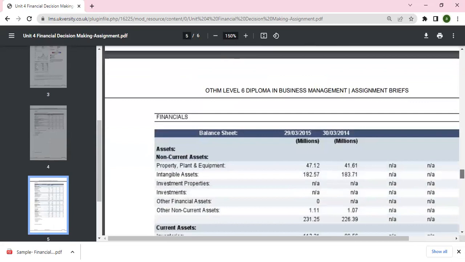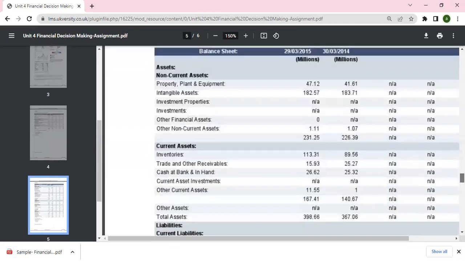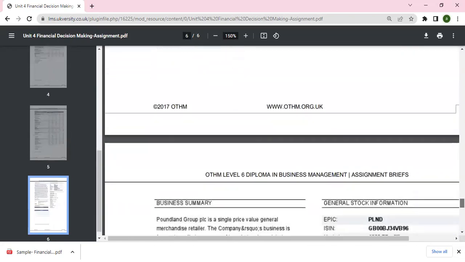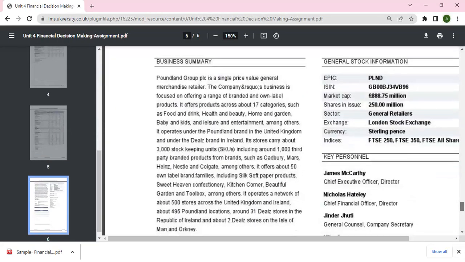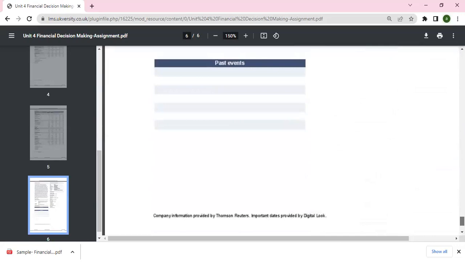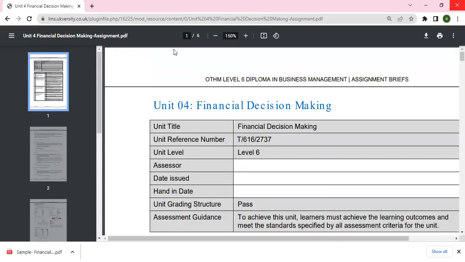And then you've been given their statement of financial position, showing the assets, liabilities, and capital. That can be used. And then you've been given business summaries, so we can look at what the business is, and we can do research about Poundland. That can be in our discussion.